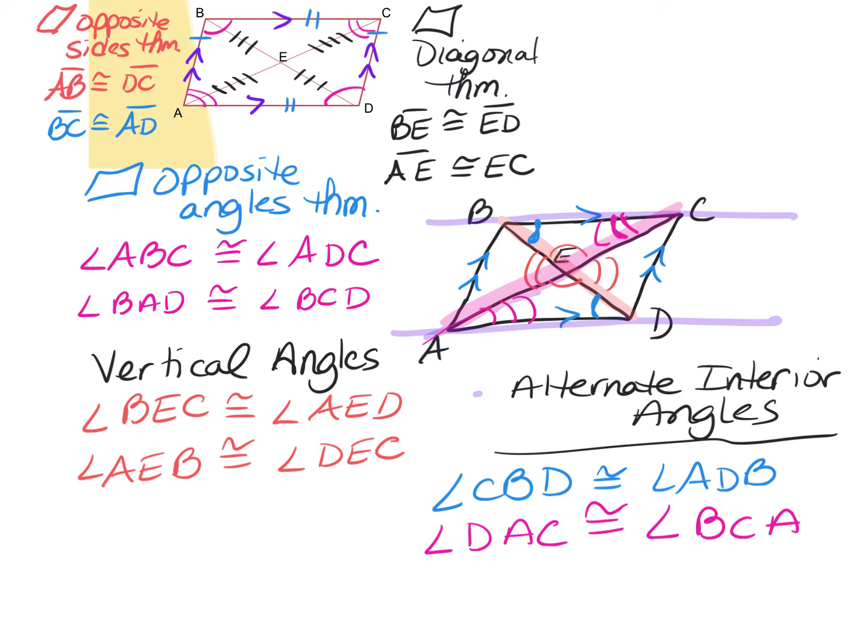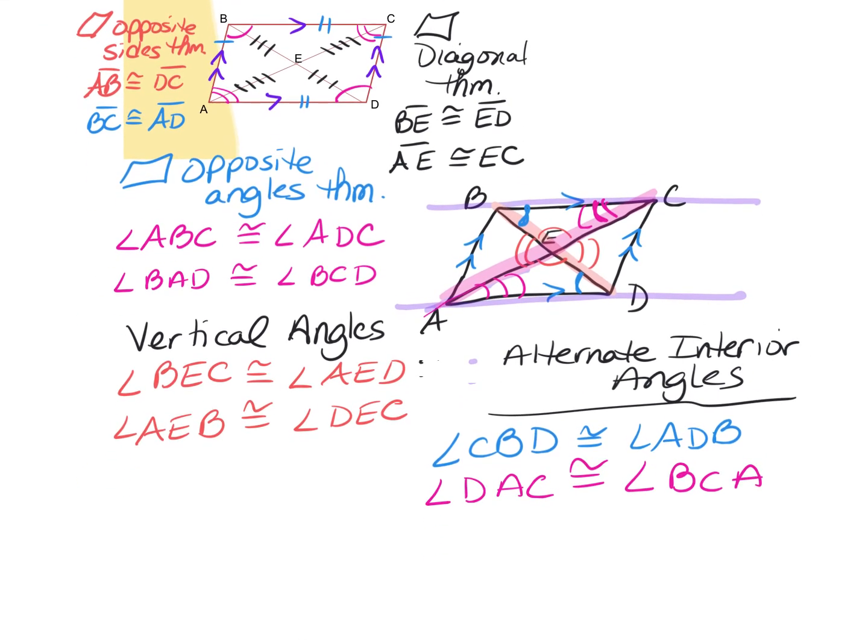Now I'm going to use the parallel lines of AB and CD. So now I also have parallel lines going this way, up and down this way. And now I'm going to use, again, my transversal, which is the diagonal.